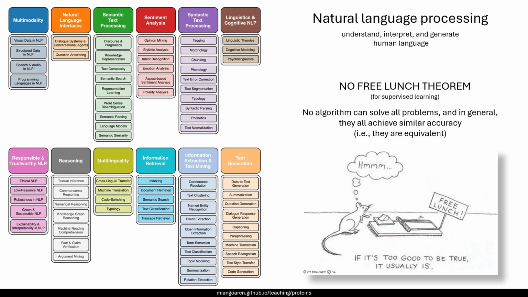And what is known as the no-free-lunch theorem had even been proposed, at least in its variant applied to supervised learning, which practically suggests to us that there is no algorithm that is capable of addressing each of all these problems, and in general these programs really achieve a precision, a quality that is relatively good. That is, they are equivalent. There is no solution capable of addressing all of these problems in a single algorithm.